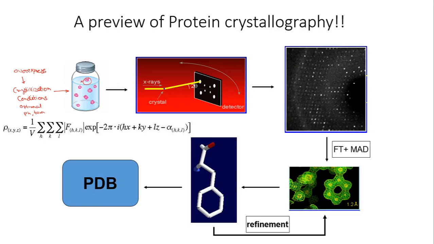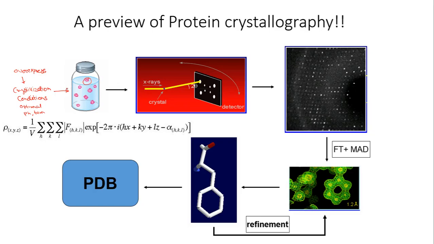Each and every protein being unique, it is very difficult to figure out at what optimal pH, at what optimal temperature, at what optimal concentration of that protein will eventually get crystallized. So there are techniques like the hanging drop technique by which you can crystallize the protein.